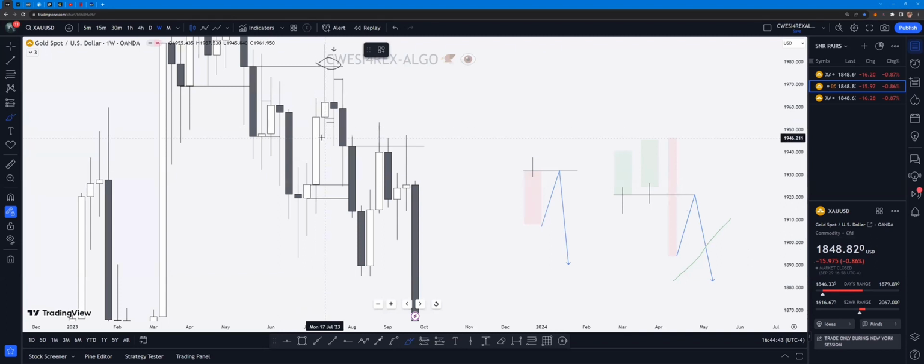You can see this bullish candle came to use this level again, because price had broken it and it becomes fresh. Then we had price breaking through it again.